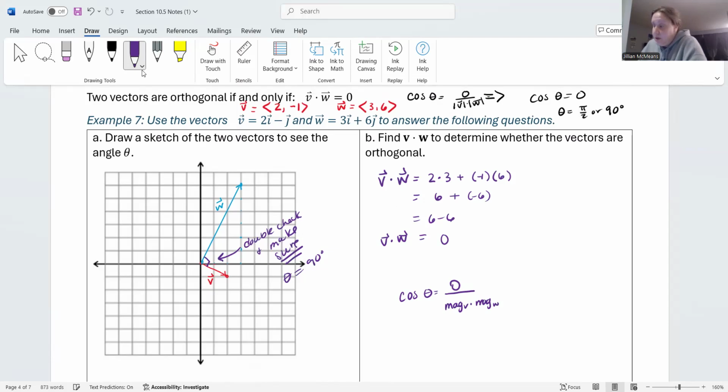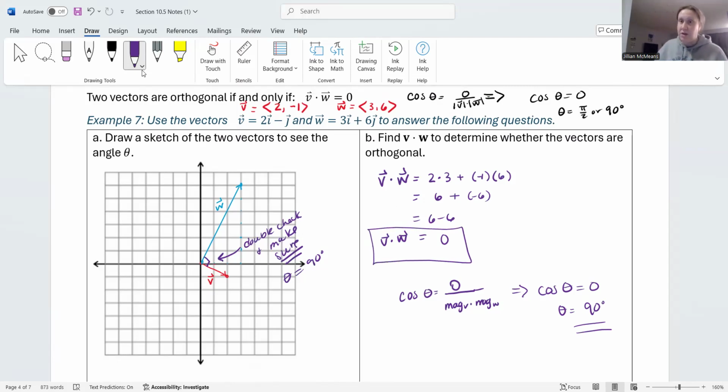The magnitude of each of these is just a number, so cosine of theta definitely equals 0. And we know that theta would have to be 90 degrees. So when the dot product is 0, these two vectors are certainly perpendicular. The angle between them is definitely 90 degrees. That is how to test to see if two vectors are indeed perpendicular.